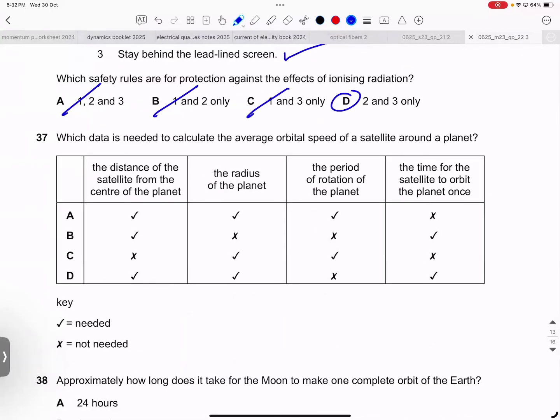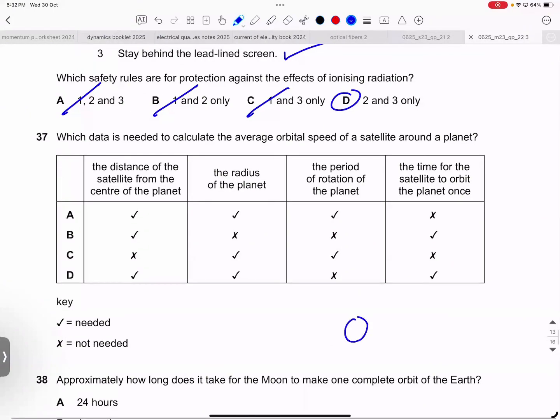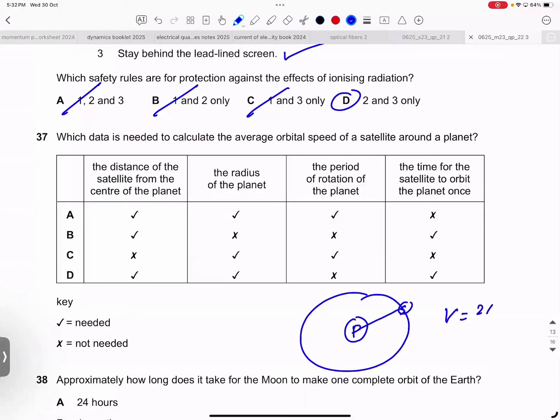Question number 37. Which data is needed to find the average orbital speed of a satellite around a planet? Planet, satellite. So v is 2 pi r over T. We need the distance between planet and satellite, which is the orbital radius.